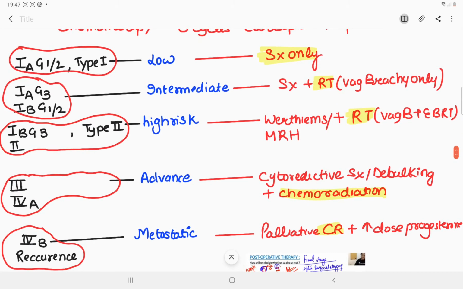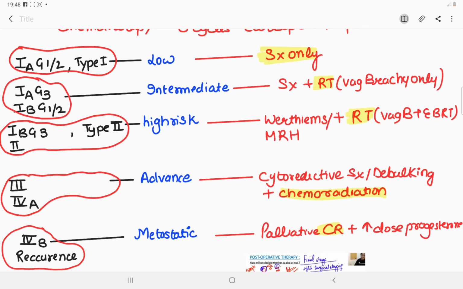Let's discuss the management by risk. Grading defines the presence of solid areas. 1A grade 1, 2 and type 1 endometrial cancer is considered low risk and only surgery is done. 1A grade 3 and 1B grade 1 and 2 are considered intermediate risk.